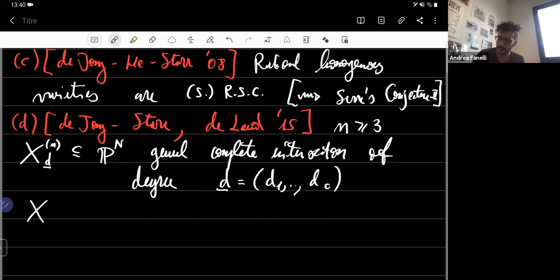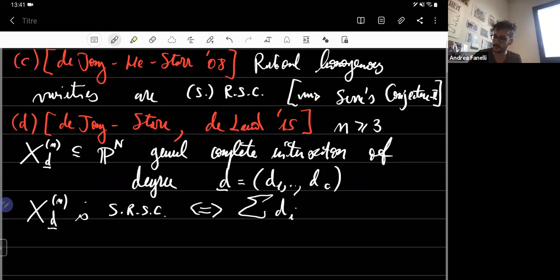So the result is that X is strongly rationally simply connected if and only if, and now, after the big introduction I made, it should be clear what the numerical condition on the right side is, if we want this notion to be the right generalization to Fano varieties. This is just the sum of the squares of the degrees is less or equal than n. In the case of a hypersurface, it is exactly equivalent to d squared less or equal than n, which is what you want.